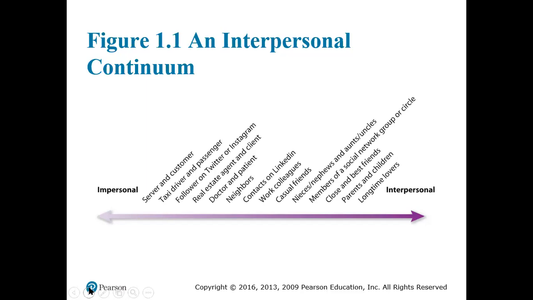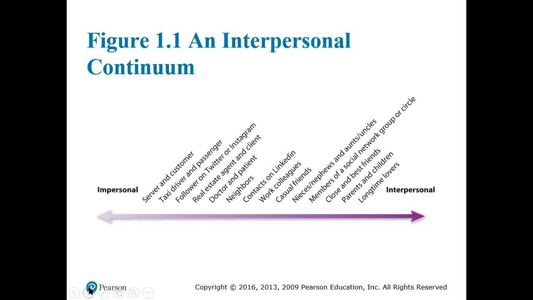But I think to a certain extent, these are necessary rituals of the job. Now, as we see on the right side, the interpersonal, which is the more personal stuff: lovers, married couples, parents and children, best friends, members of a social network, group, or circle.